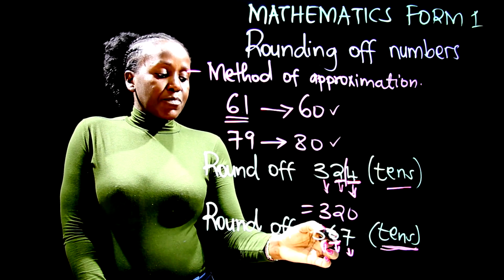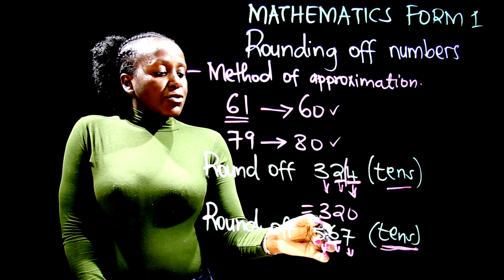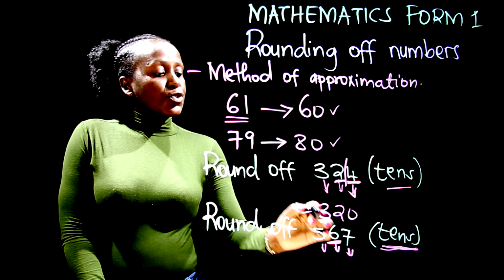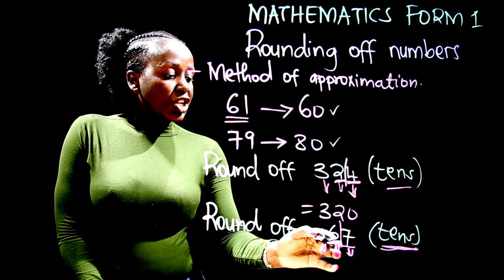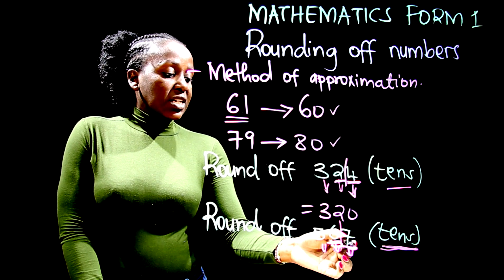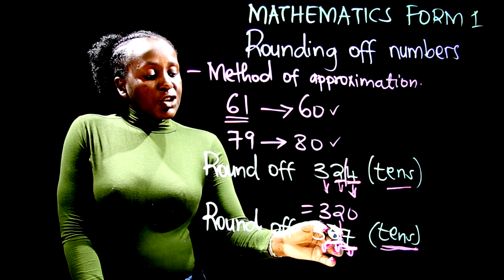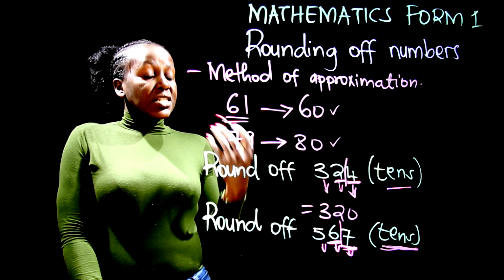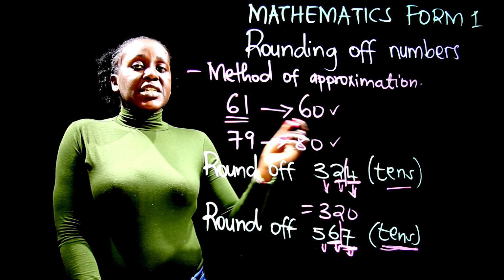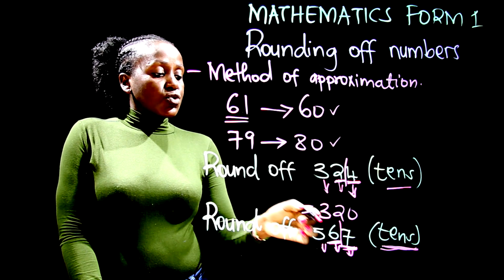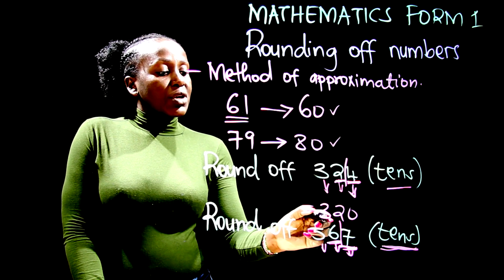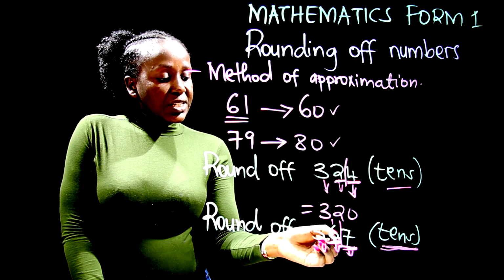It is 6. Now, this is the value that we want to discover whether we should add something to it or not. So we check the digit with a lower value, in this case 7. Now you need to ask yourself whether 7 is greater than or less than 5. So 7 is greater than 5. So what you do, the 7 is rounded up into one whole, which is added to the 6.